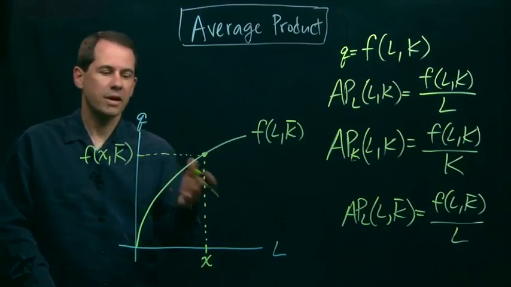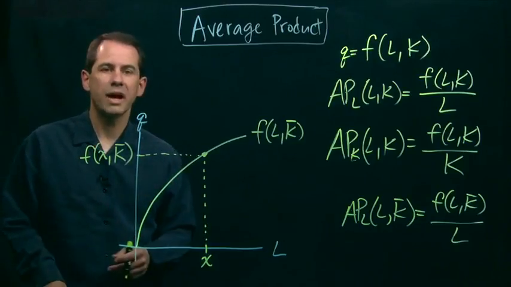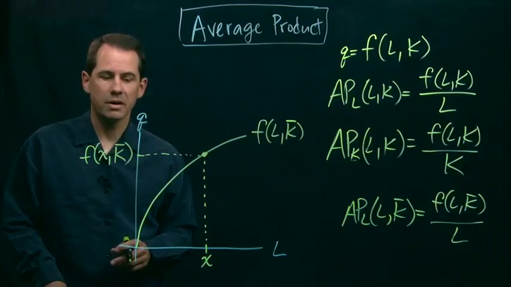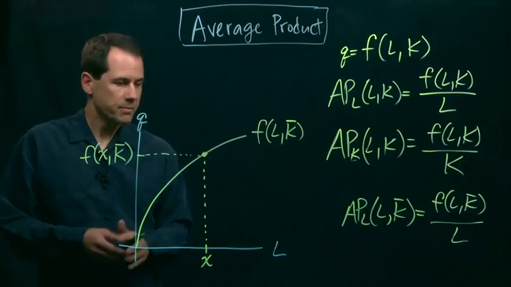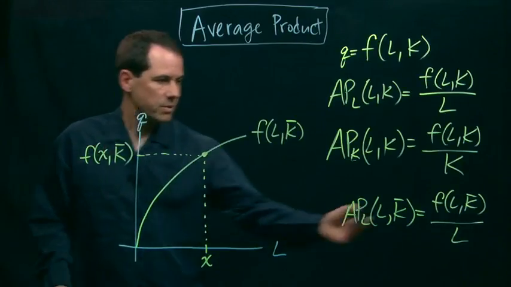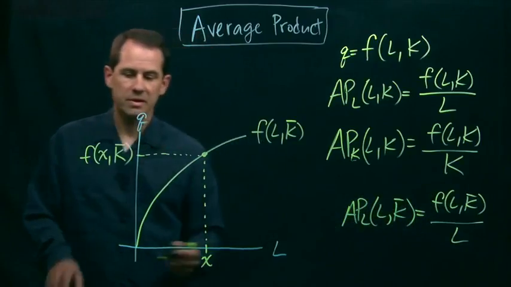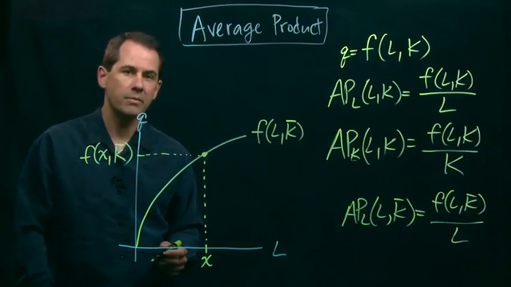And we want to figure out how in this picture we have average product of labor represented. Well, what is average product of labor? It's the total output, in this case F of X, K bar.